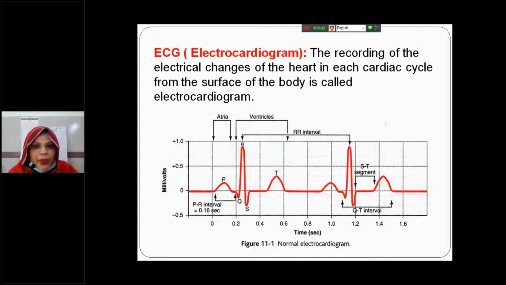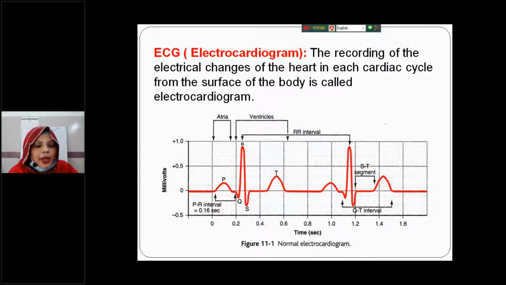ECG means electrocardiogram. That is the recording of the electrical changes that occur in the heart in each cardiac cycle from the surface of the body.